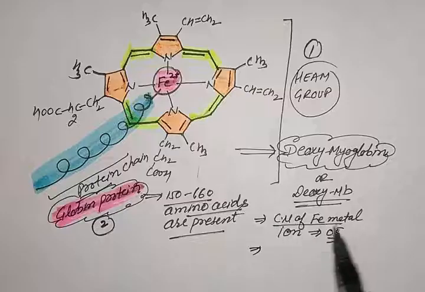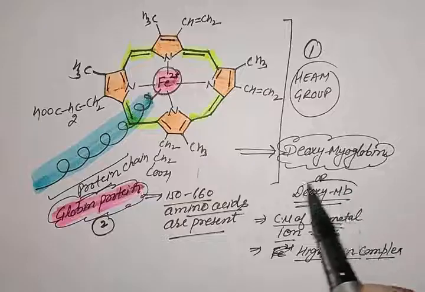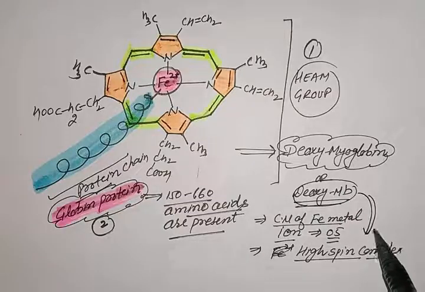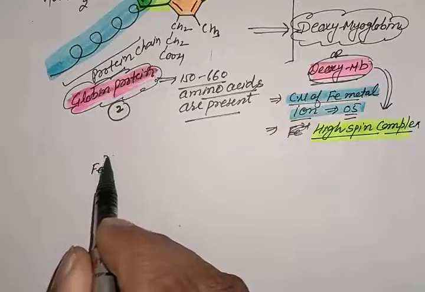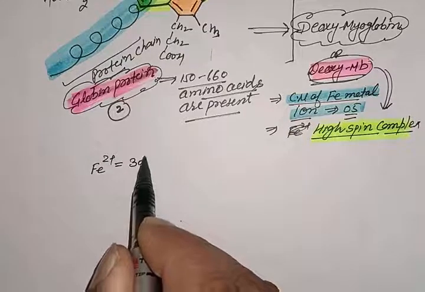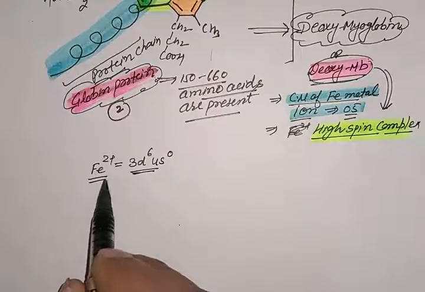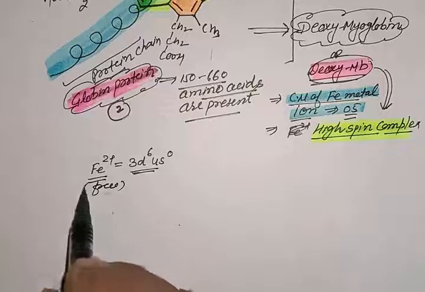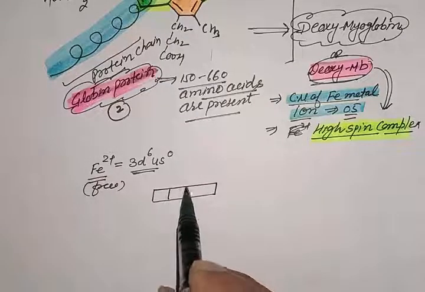This Fe metal is present in a high spin state, or I can say this complex is a high spin complex, or I can say deoxymyoglobin is a high spin complex. As we know, Fe in the +2 oxidation state has the electronic configuration 3d6 4s0. When the Fe metal ion is in the free state, all the 3d orbitals remain degenerate.